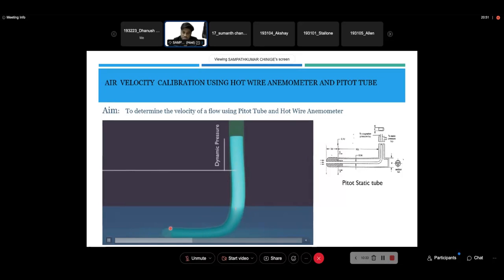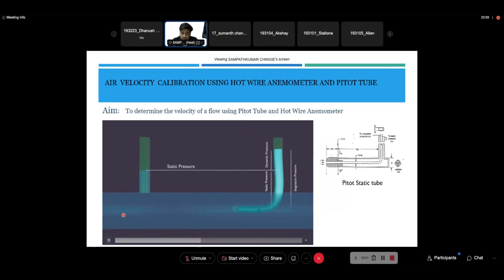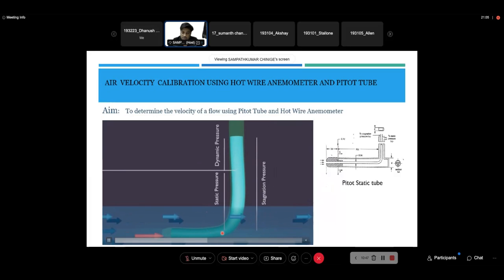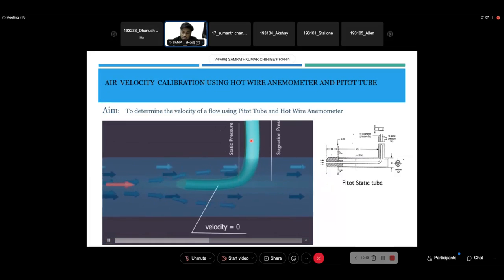According to Bernoulli's equation, we have pressure energy, kinetic energy and potential energy. Since the levels of the flow here and here are the same, whatever flow is coming inside, its total velocity is also converted into total pressure. There you can see an increase in the pressure with this particular tube.